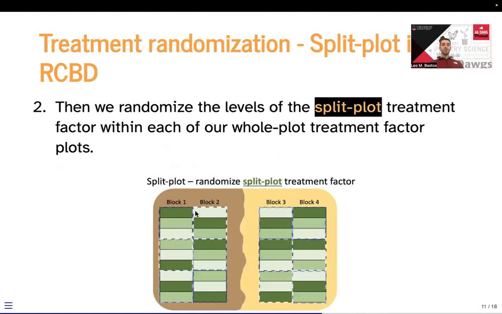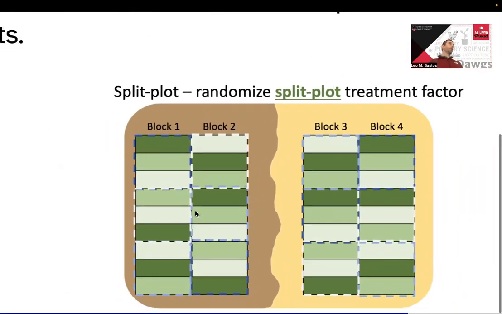Another thing the different error sources are doing for us here is that the whole plot error is accounting for the variability of potassium rate, but it was all randomized within the block. So it is accounting for the relationship that potassium rate and block may have, and that's it. And then the split plot error is accounting for that, but also for the fact that you have this limitation where nitrogen rates were randomized within each level of potassium.